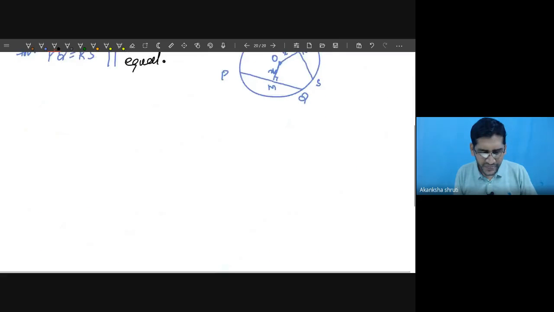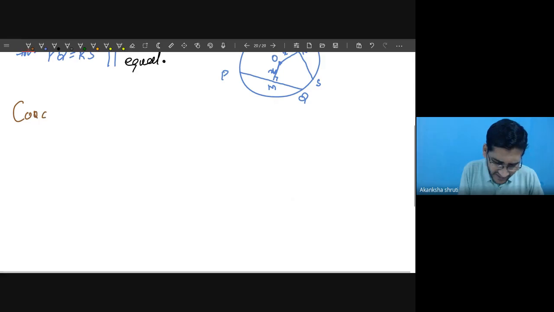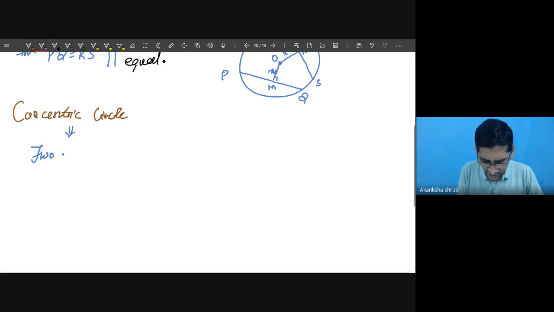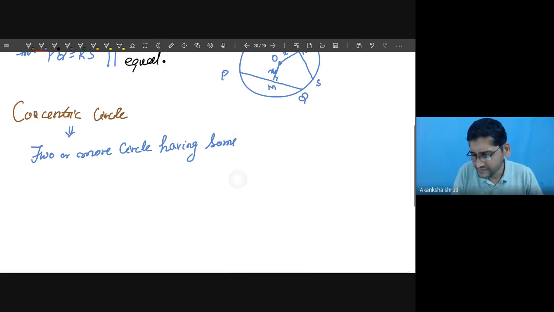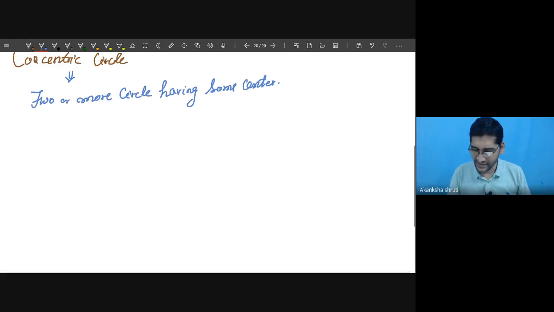Okay, student. There is another small thing called concentric circles. Concentric circles is just a term. Two or more circles having the same center are called concentric circles.